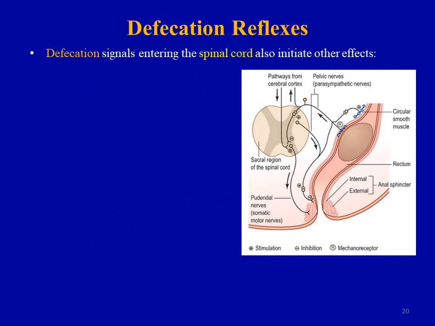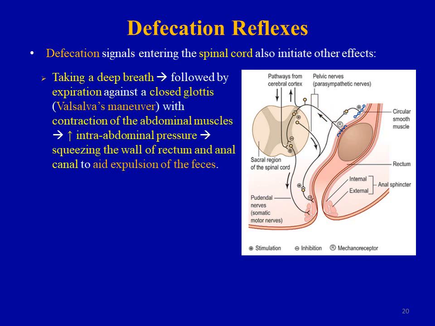Defecation signals that enter the spinal cord also initiate other effects. One of them is taking a deep breath that is followed by expiration, or exhalation, against the closed glottis.